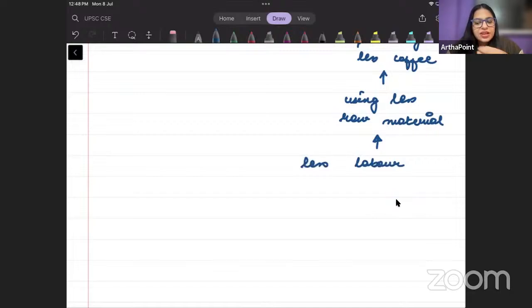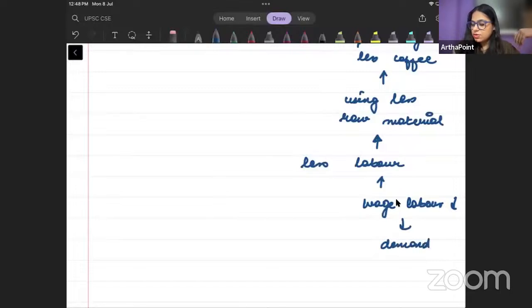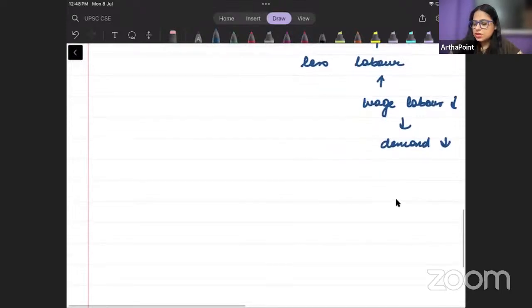Now, when you will use less labor, it means you will fire labor from the market. And when you will fire labor, what will happen, beta? Wage of labor will decrease. When the income of labor will fall, labor will demand less things. Demand from labor will fall. So labor will be demanding multiple things, like TV, fridge.